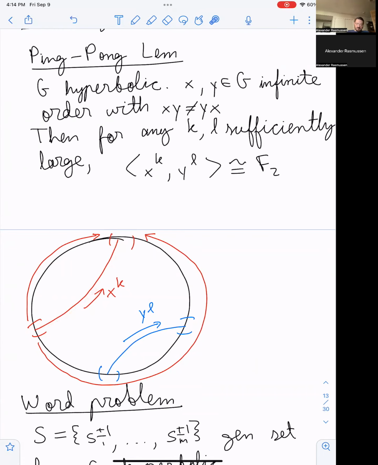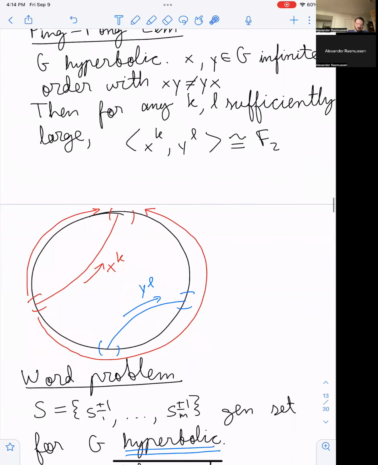And on the boundary, they have some attracting and repelling behavior. So this power X to the K will fix this endpoint and this endpoint, and it moves everything from this endpoint towards the other one. So one endpoint is attracting, the other is repelling. And you can study how this works on the boundary.